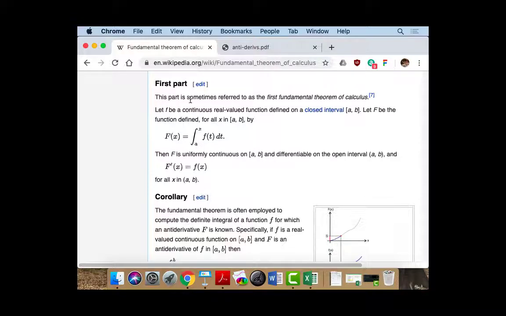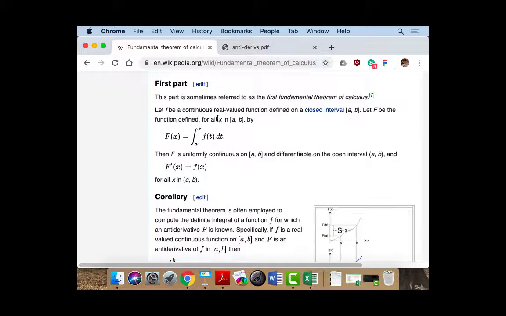But this first part of the fundamental theorem of calculus says, after all those definitions, let capital F be the function defined in X by this statement here. So it's not quite the way in which we say it, but if I say that capital F of x is this function that starts at lowercase a and goes through x, f of t times dt, that looks familiar.